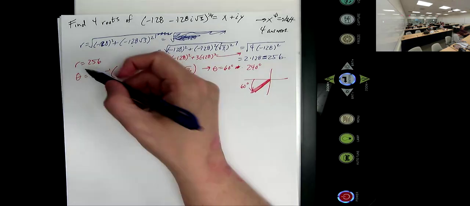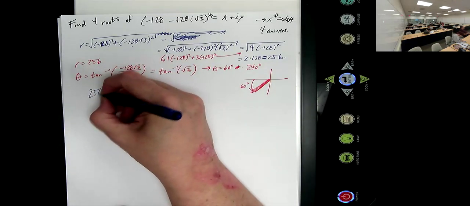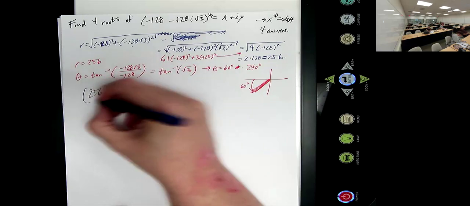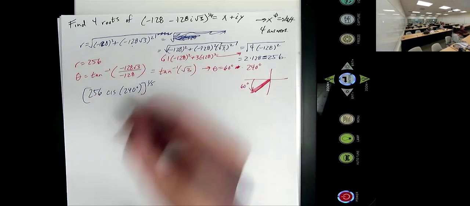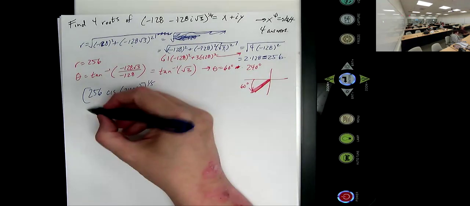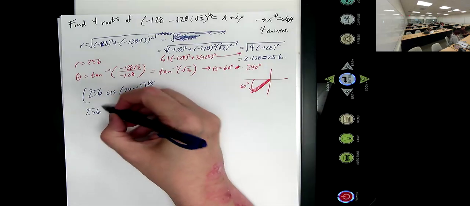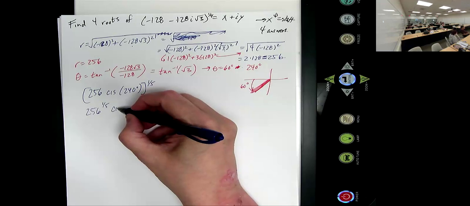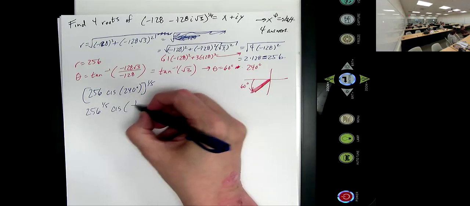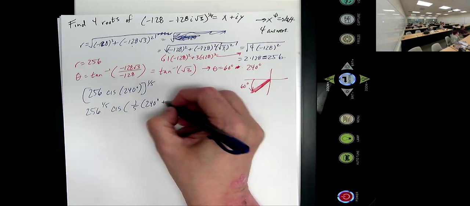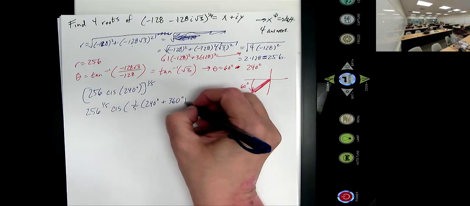So we have 256 cis 240, to the 1/5. 256 to the 1/5, and then cis of 1/5 times 240 degrees plus 360 degrees k.